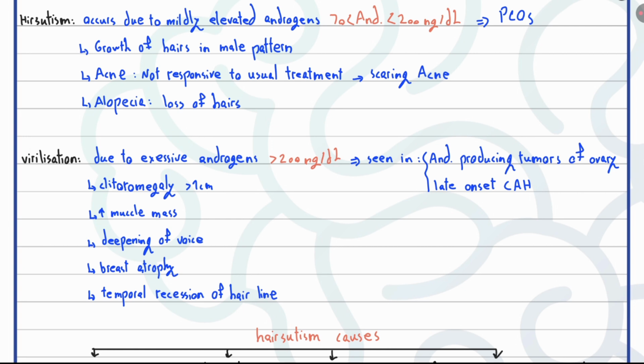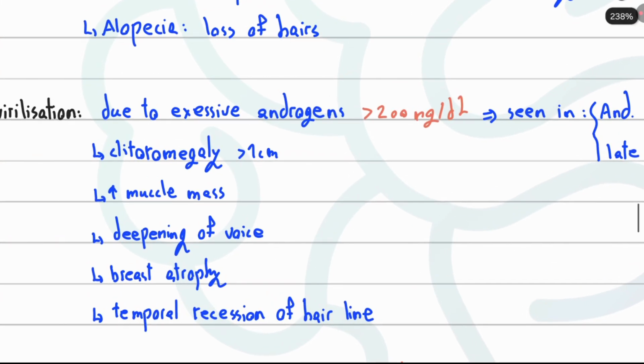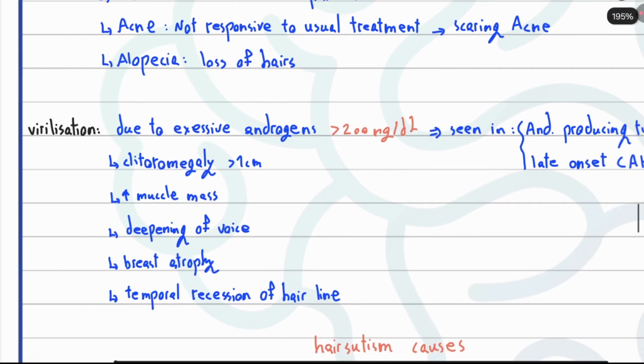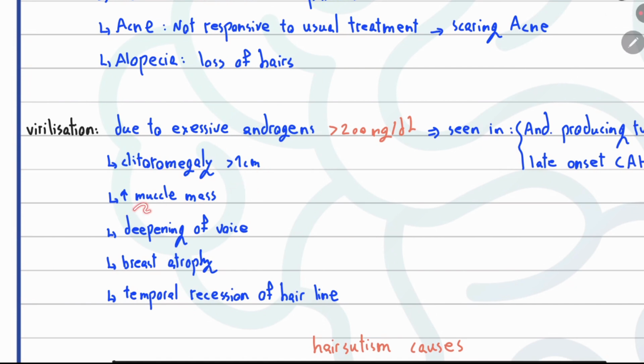So if the female has tumors, like androgen producing tumors of the ovary, or late onset congenital adrenal hyperplasia, of course in this situation we can see high concentration of androgens. So as a result, we can see clitoromegaly, in which the size of the clitoris is more than 1 centimeter. And also we can see increase in muscle mass, deepening of voice, breast atrophy, and temporal recession of hairline.